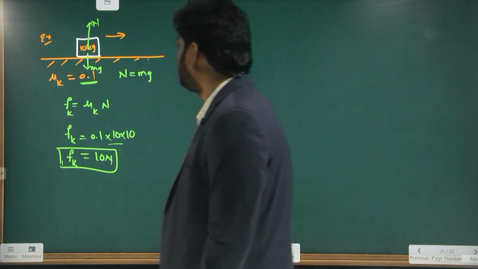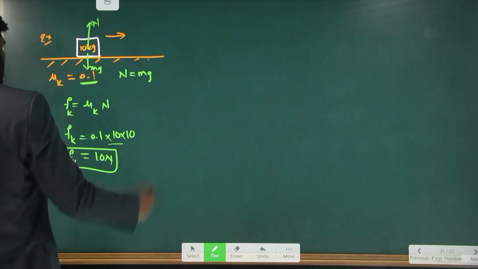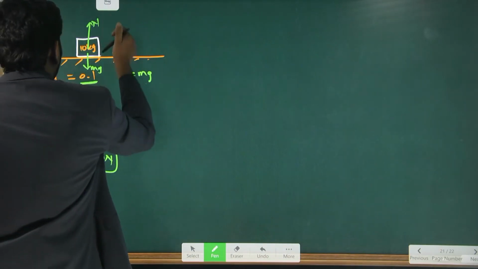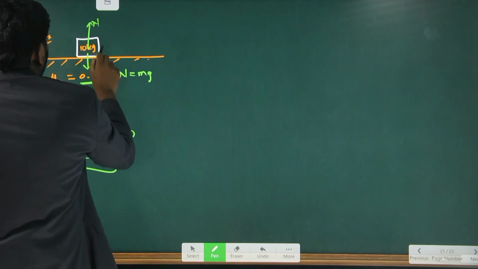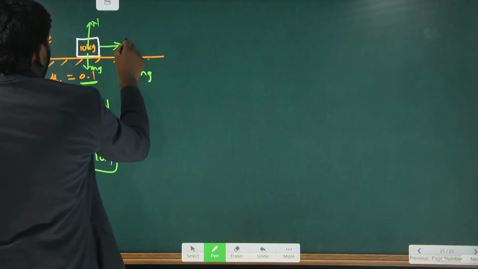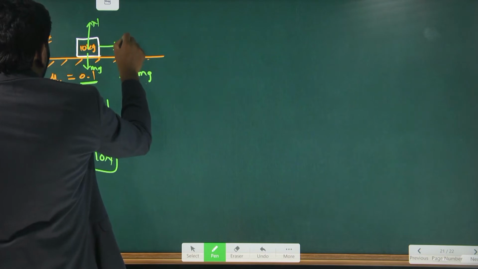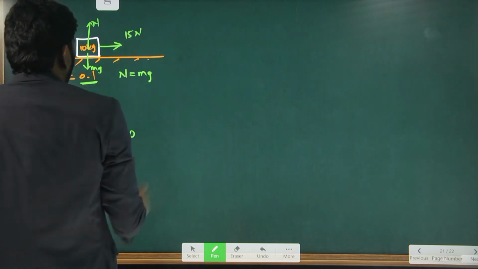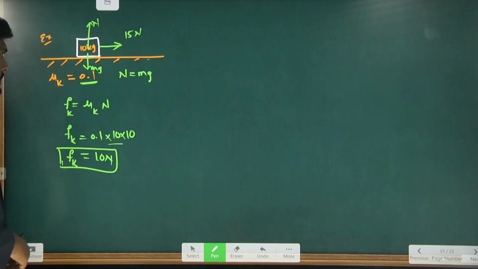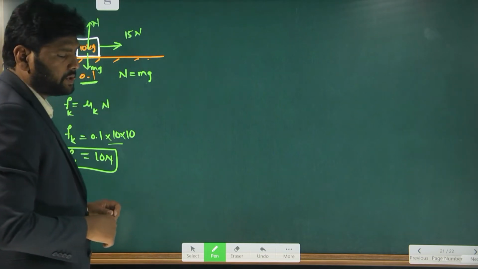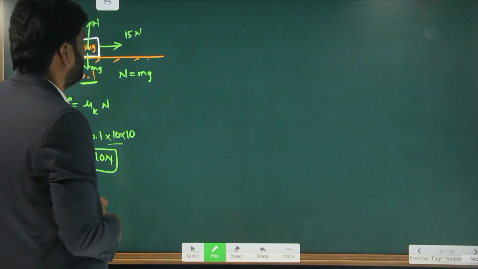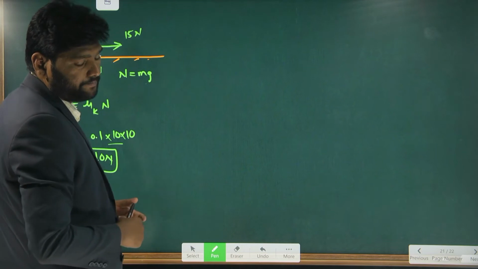Now observe that, on this sliding body, 15 Newton is active. Because of the 15 Newton, the body is in sliding motion. When it is in sliding motion, what is the acceleration of the body?